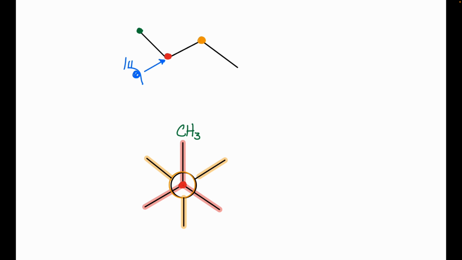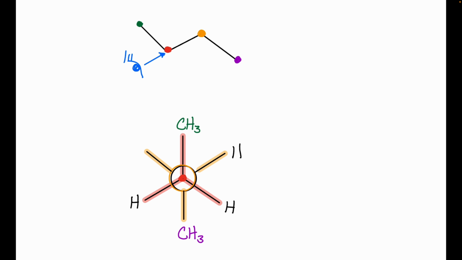What's the other two? Hydrogens. So my front carbon has a methyl group and two hydrogens. Now I'm going to go to my back carbon. All right. If I'm looking at my back carbon here, I have a methyl group pointed down. So I'm going to draw that methyl group pointed down. And there's also two hydrogens.